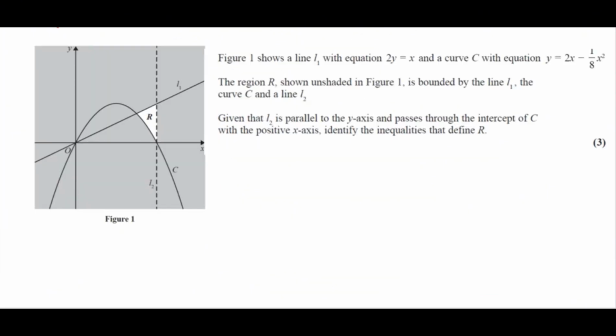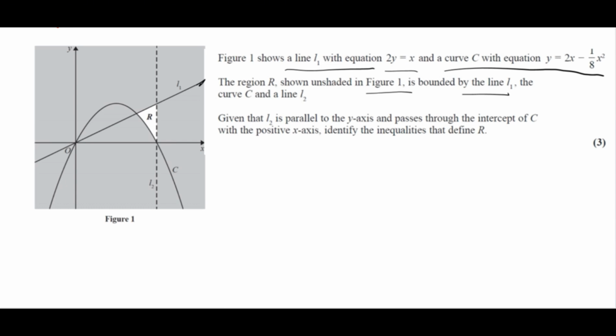Let's move to question number 2. As you can see in this figure, we have three things. First, line L1 with equation 2y is equal to x. So this is our line L1. Curve C with this equation, so we know the equation of the curve as well. And the region R shows the unshaded region in figure 1 bounded by the line L1, the curve C and line L2.